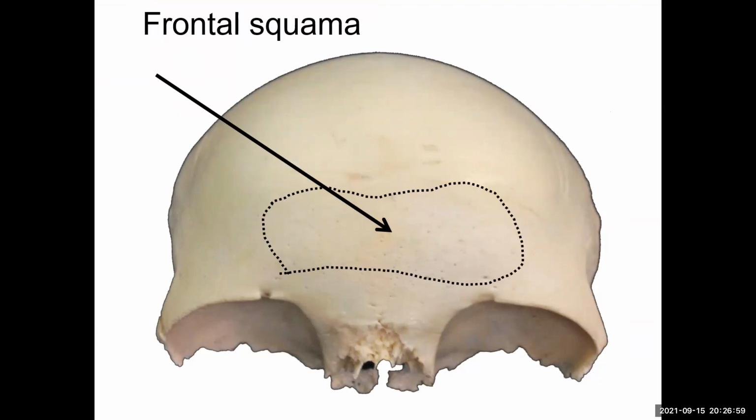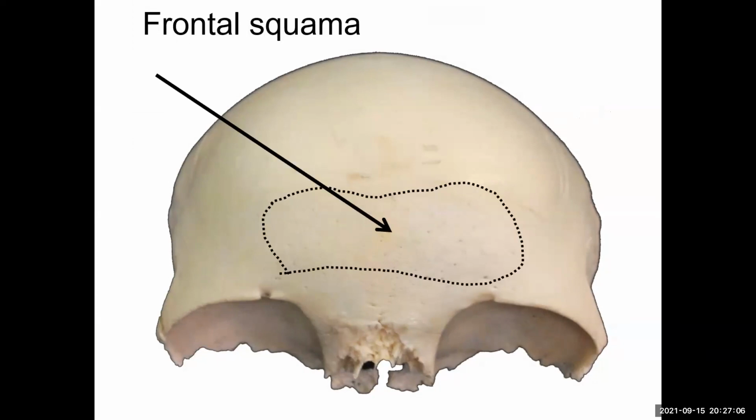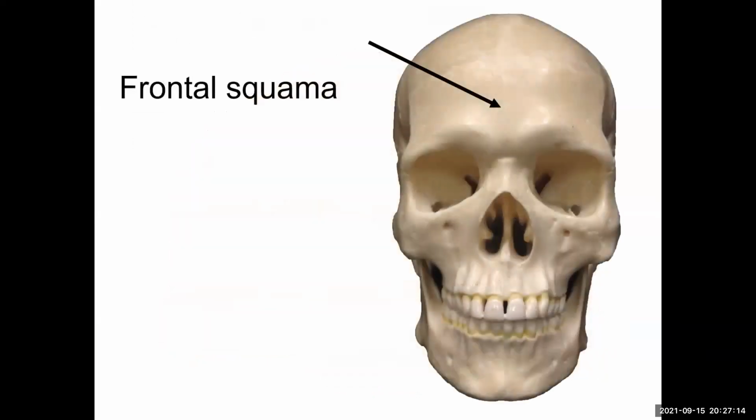Make sure you read the question pretty well, because the arrows for both of these slides are pointing to the same spot. If the slide says nothing, I would put the frontal squama down. If it says bone question mark, then you'll say frontal bone. Try to be detailed. Look to make sure that there are no words on the slide asking for something specific.